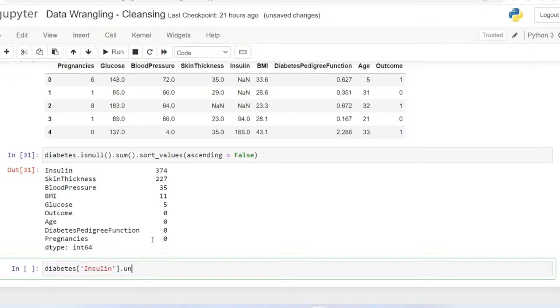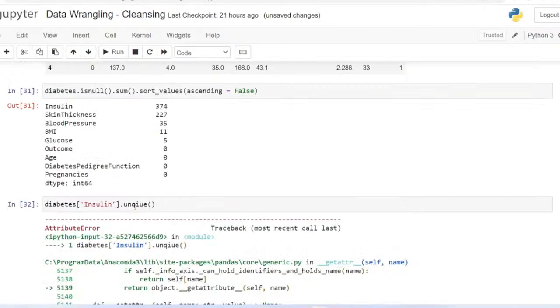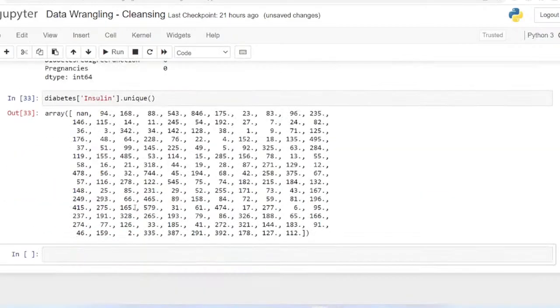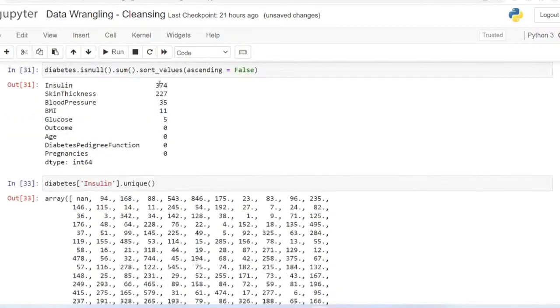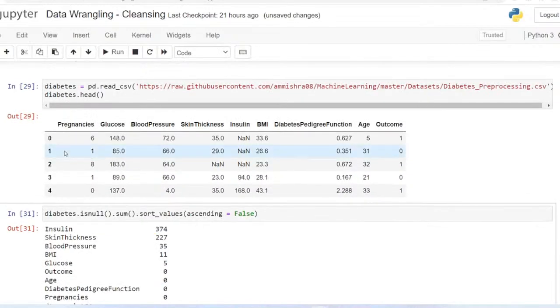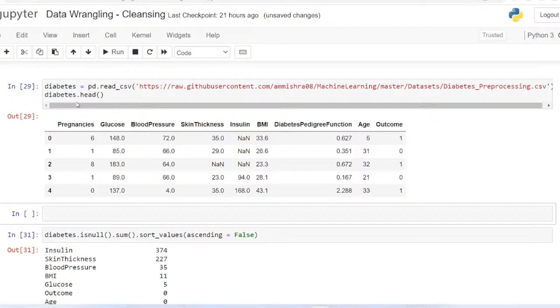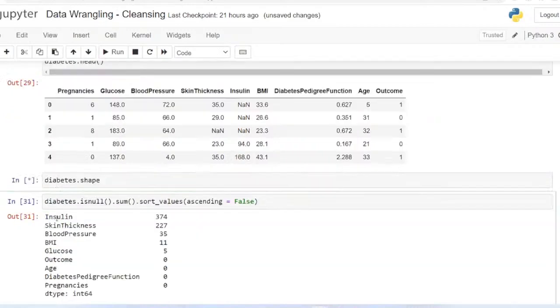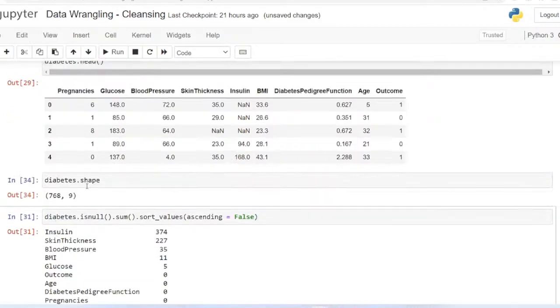insulin.unique(). It looks like a continuous value, though a lot of values are missing in this. You can see 374 rows are missing out of, I think, some 700 odd rows. Let me just check diabetes.shape.